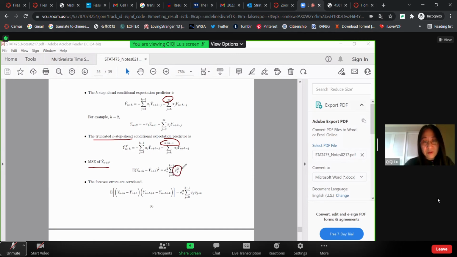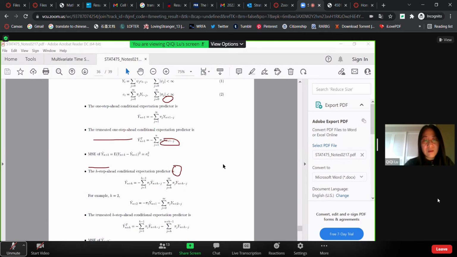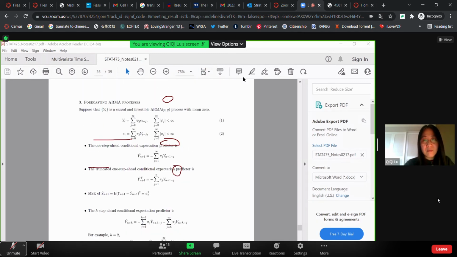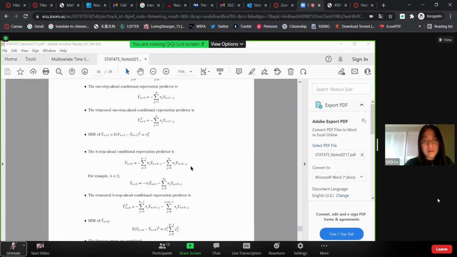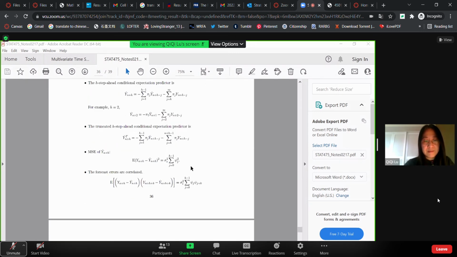Okay, now this coefficient is from, so this psi squared is from here. Oh, sorry, from here. See psi j here. And you need this one for the mean square error. So mean square error right here. So this one is from the causal relationship.